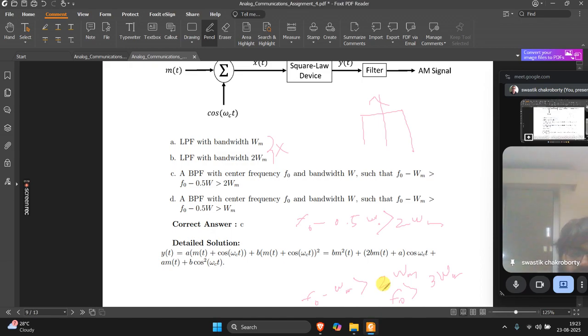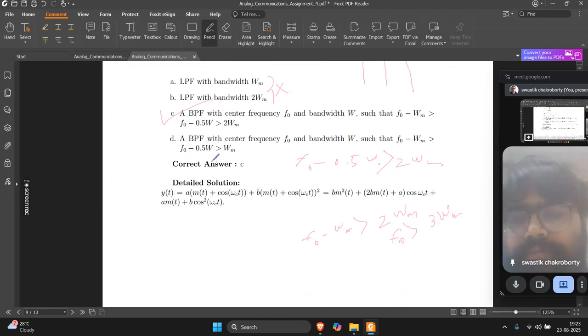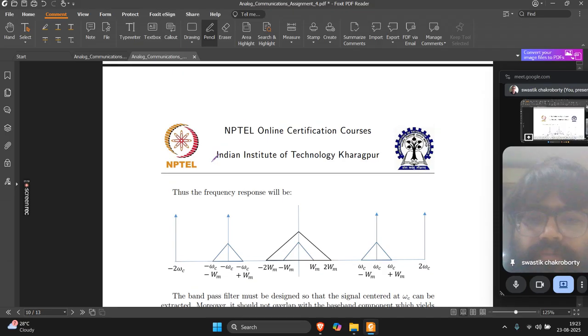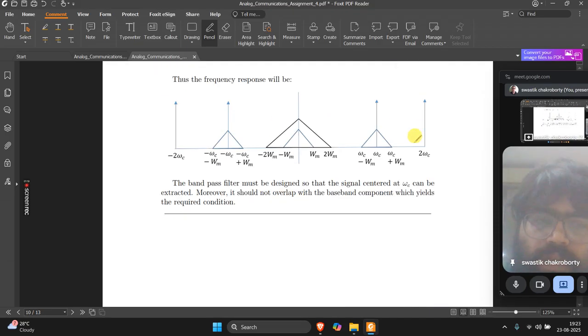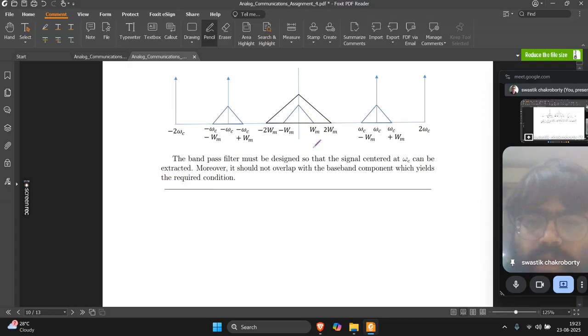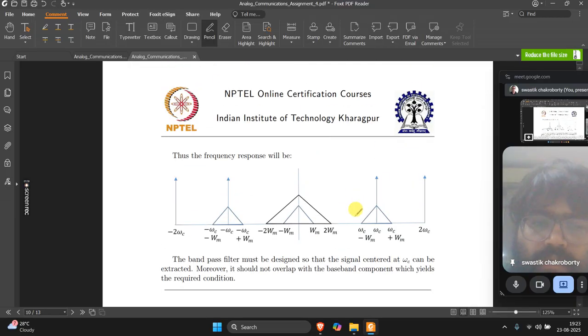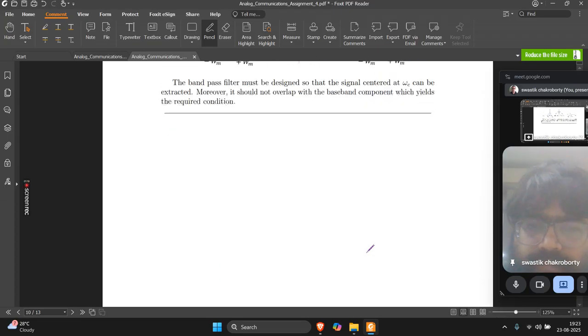So it will handle both of them with option C. With option C, it can filter out both of these terms. Here the diagram is given. You can follow this diagram to accurately understand why we will have a filter like this.